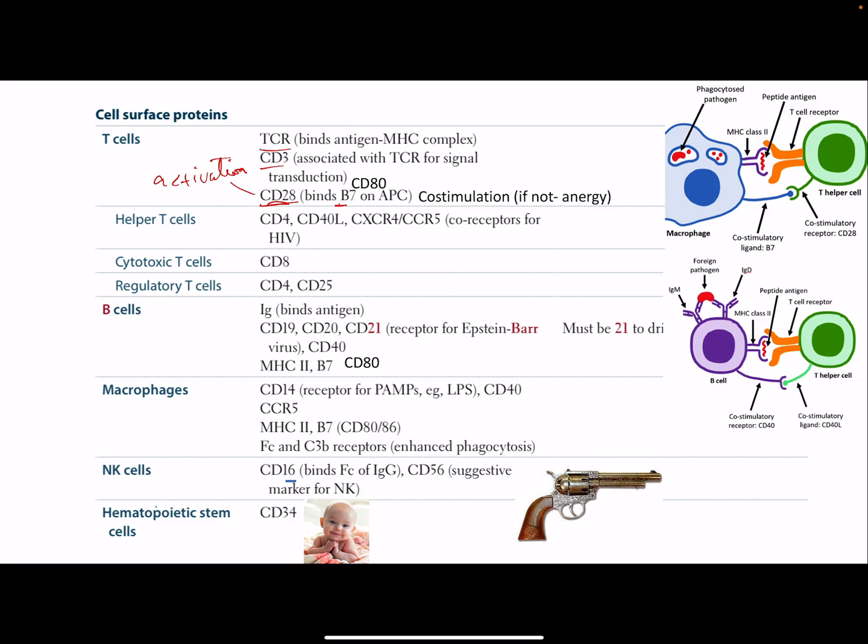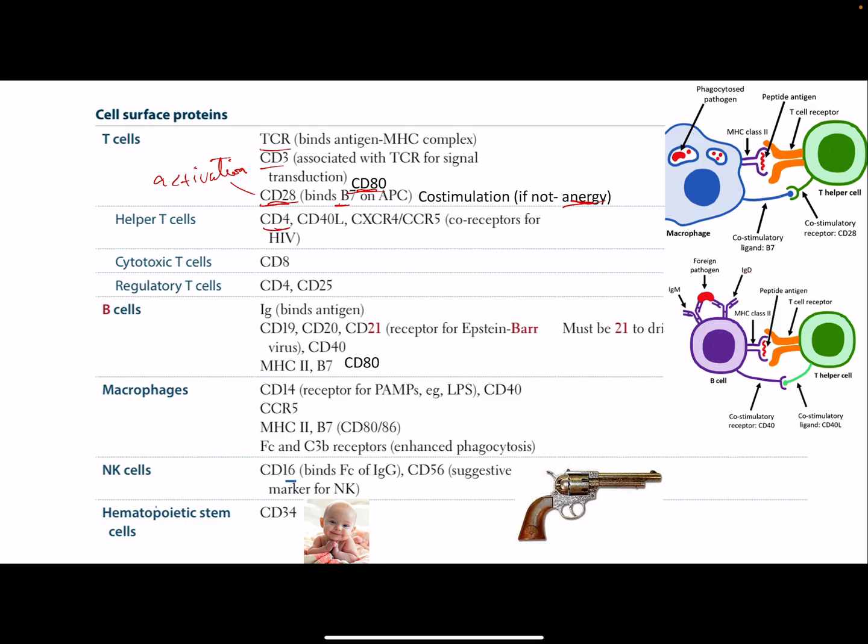They're going to interact with the B7, which is sometimes called CD80 or CD86, on an antigen-presenting cell. This is called co-stimulation, and it's another way to avoid autoimmune diseases as much as possible by requiring this second receptor. If they're not co-stimulated, something called anergy happens, which is basically where the B or T cell is deactivated.